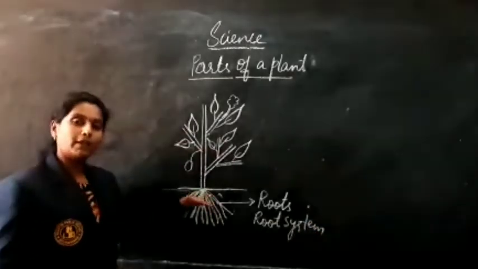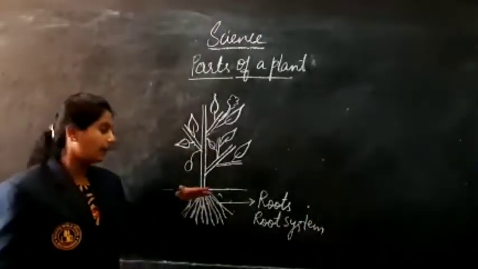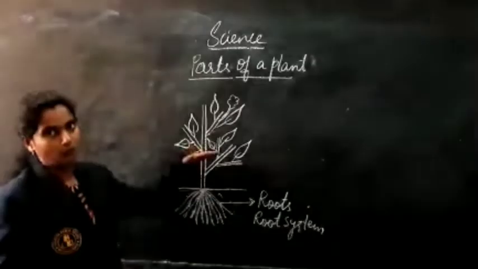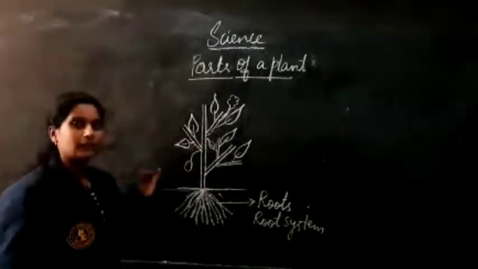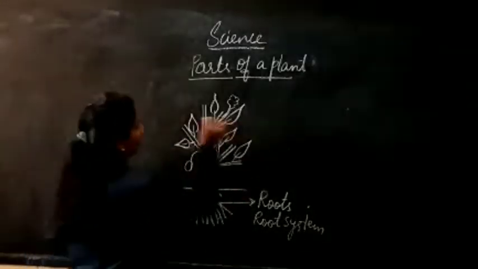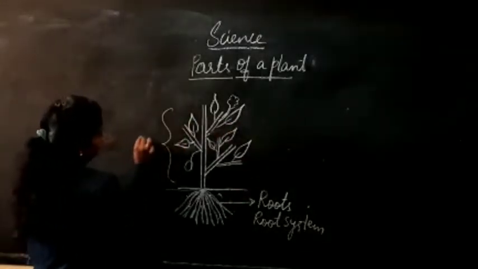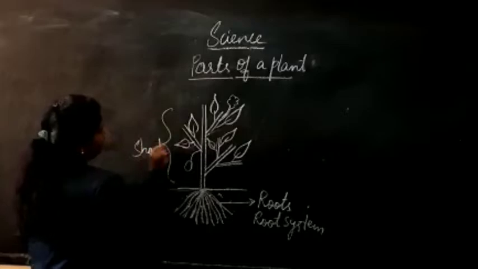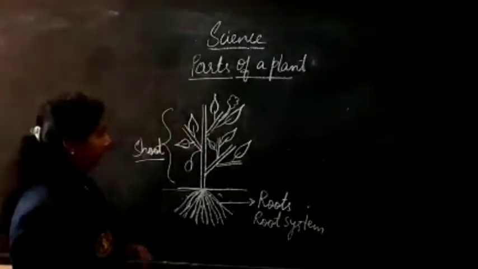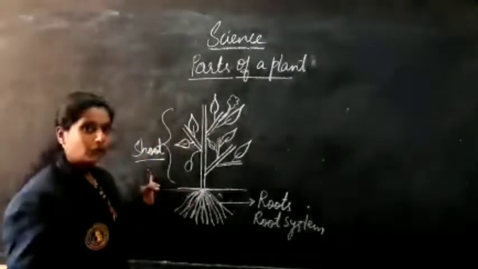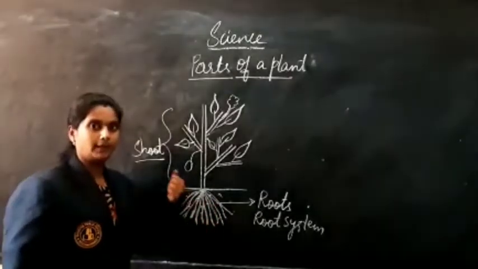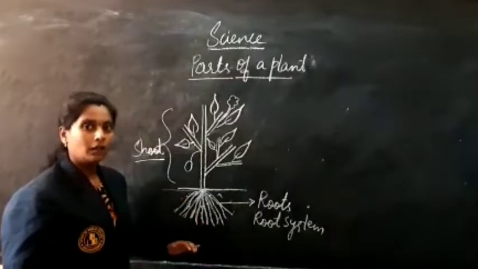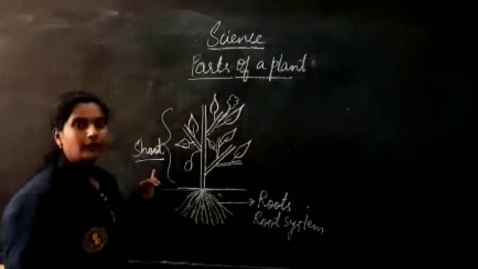And the parts of the plant which are present above the soil, those parts which we can see, we call the shoot. We cannot see the roots with our eyes unless we pluck the plant, but the shoot we can see.